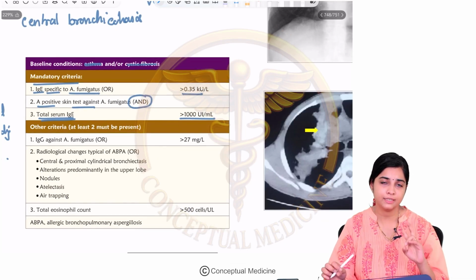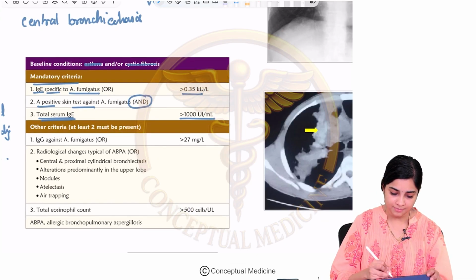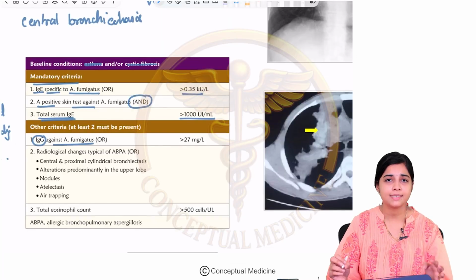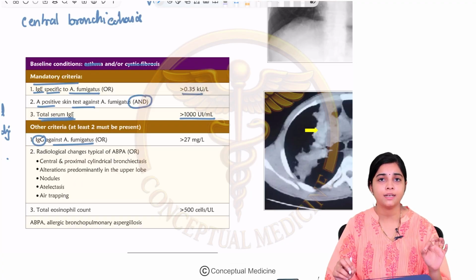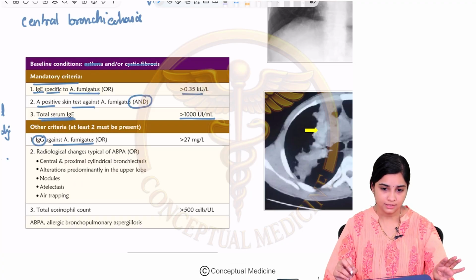Other criteria, of which at least 2 have to be present, include Aspergillus specific IgG, which means there has been a previous exposure. So, IgE is a mandatory criterion, IgG is an other criterion.